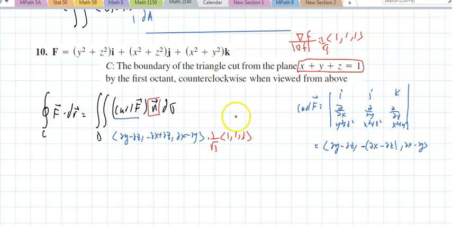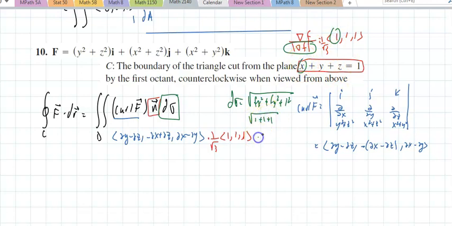And if I get to the actual length, wouldn't that be the square root of f sub x squared plus f sub y squared plus 1 squared? And you're going to notice, isn't it right there? Isn't that the square root of 1 squared plus 1 squared plus 1 squared? So like I said, they cancel out. You could skip that if you want.